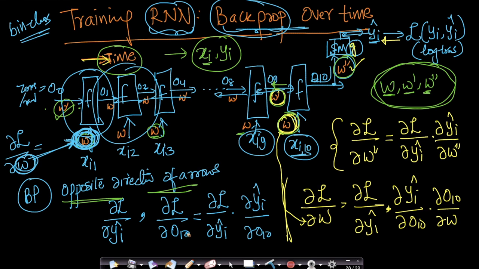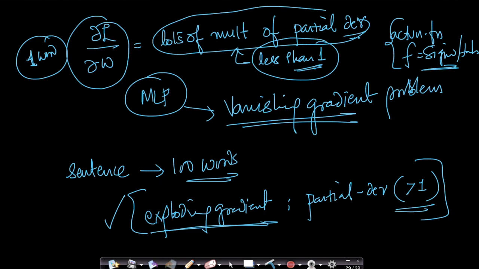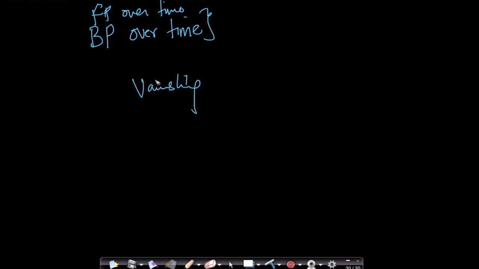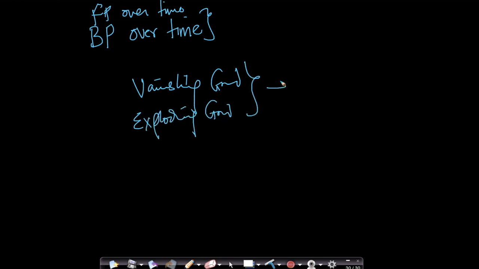You're running into it because you're performing back propagation and forward propagation over time. The vanishing or exploding gradient problem you're encountering is not because you have many layers, but because your sequences are long and you input one word in the sequence after the other.